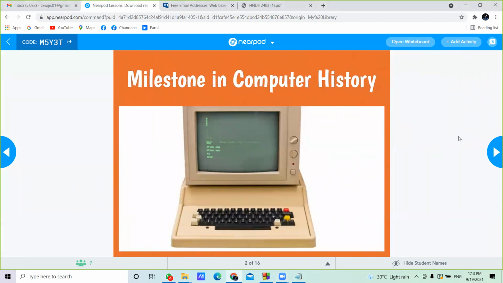Milestones in computer history, today's lesson. Some important milestones we discussed last week also. Here we are going to discuss some other important milestones when discussing computer history.